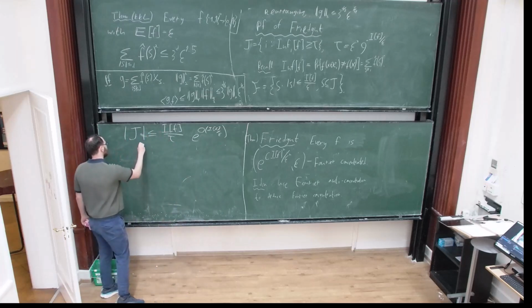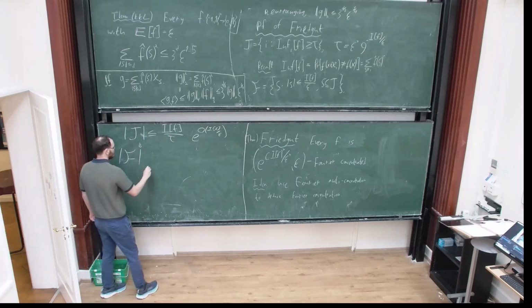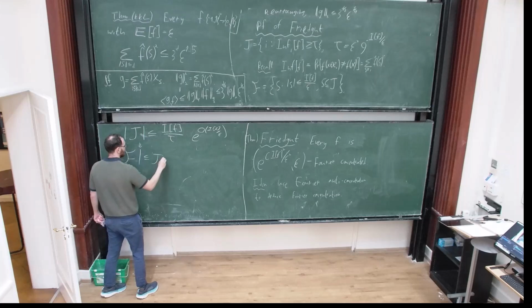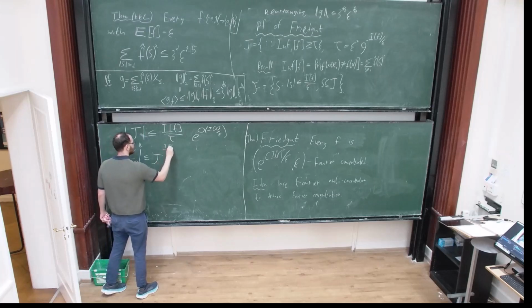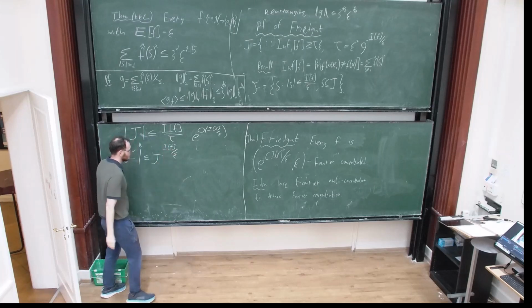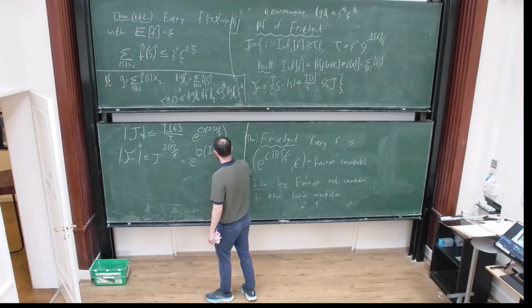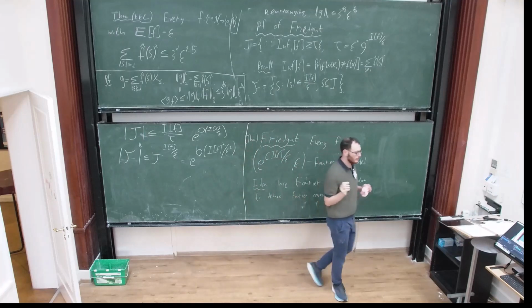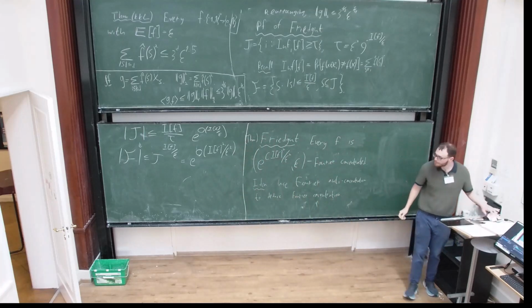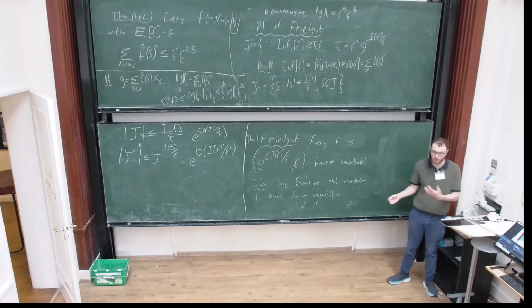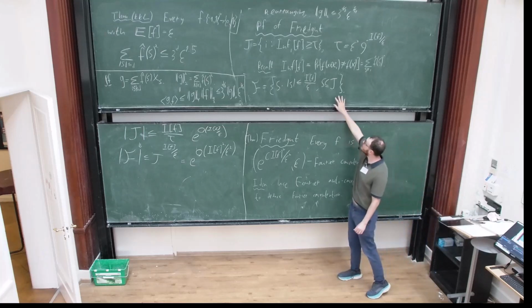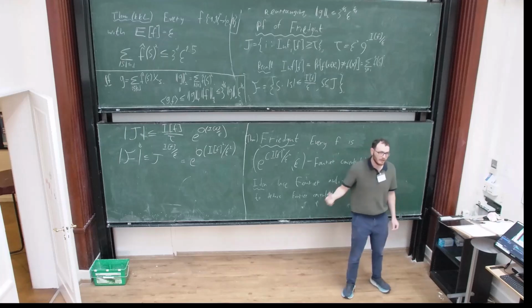And this implies that the size of F is at most the size of J to the power of the total influence of f over epsilon. And this is e to the O of I squared over epsilon squared. So the goal will be to show that the Fourier spectrum of f is concentrated inside this family, and then we'll be done.